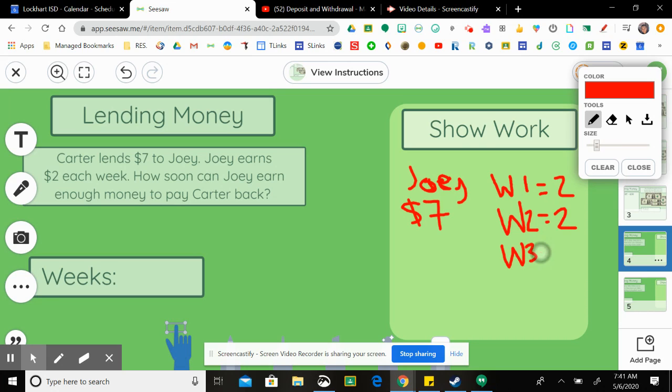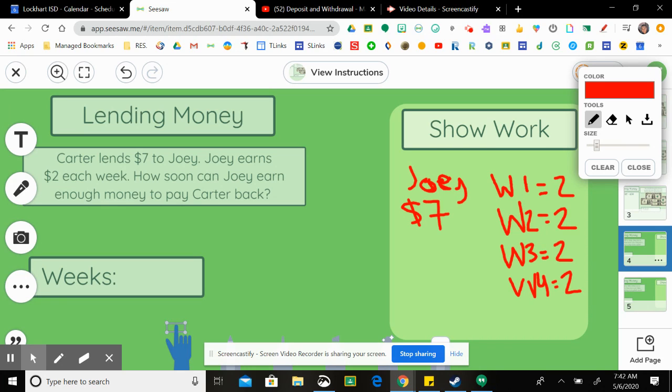Week 3, $2. We know 2 times 3 equals 6, so 2 plus 2 plus 2 equals 6. Not quite, but we're almost there. Week 4: 2 plus 2 plus 2 plus 2 equals 8, or 2 times 4 equals 8.